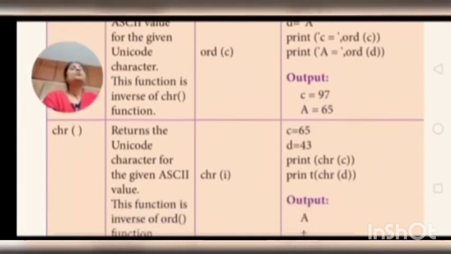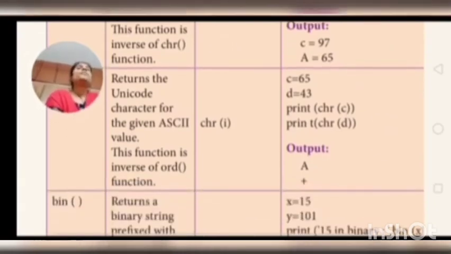So we have two variables, c equal to 65 and d equal to 43. When we pass these two ASCII values, it will return the Unicode character A for the ASCII value 65 and the Unicode character plus for the ASCII value 43.